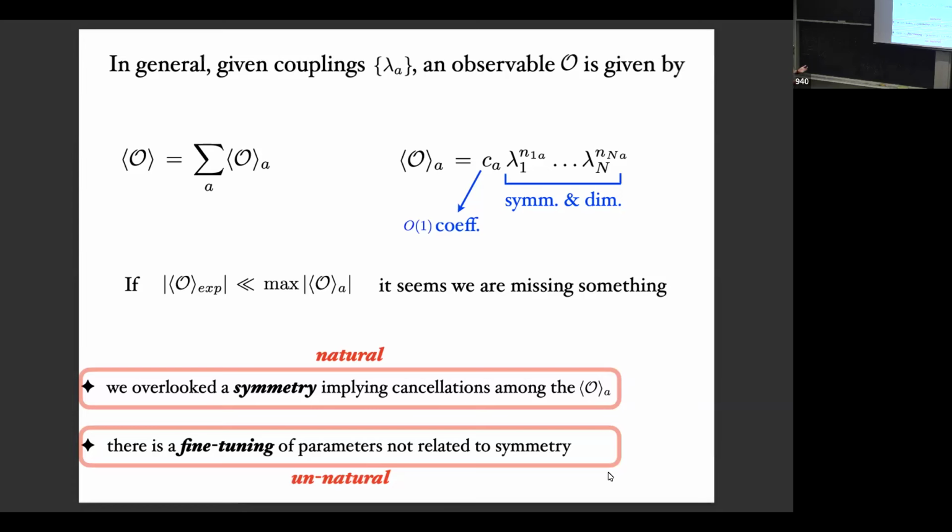On the other hand, the unnatural situation, which is less typical, is where the final result is very much determined by what looks like an accidental cancellation or a curious, clever cancellation between contributions that are in no way related by symmetries.